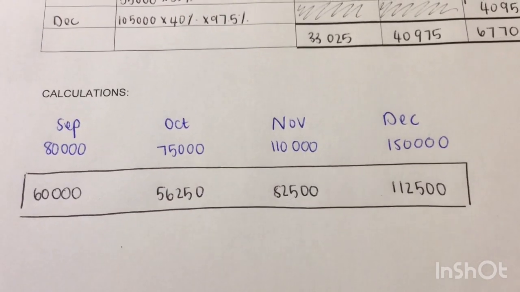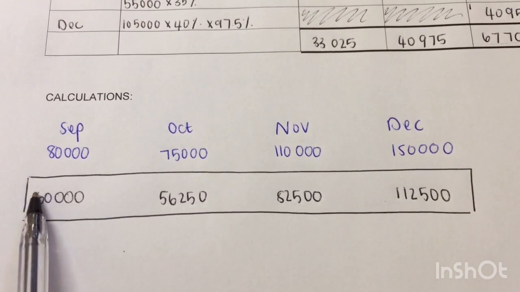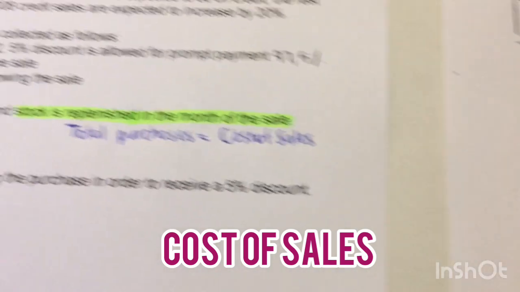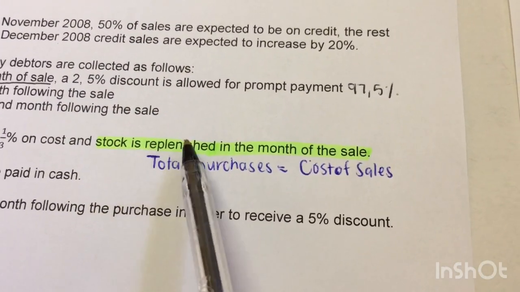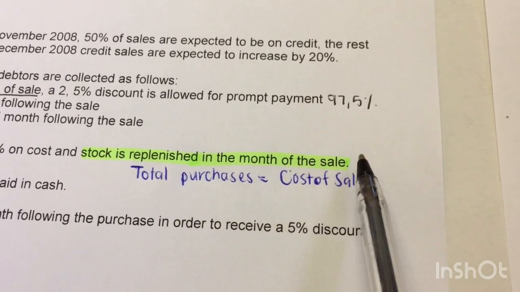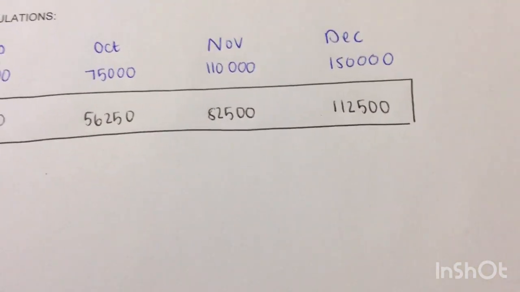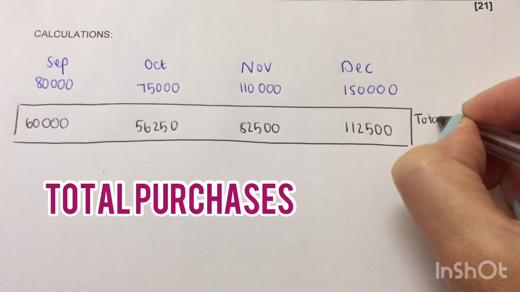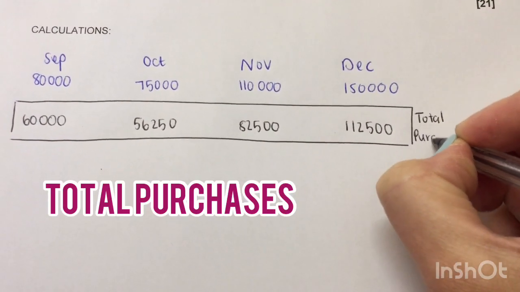Right, so I've got all of them over there. This is my cost of sales. But because of this lovely sentence over here, stock is replenished in the month of the sale, this amount that I got over here will also be my total purchases.